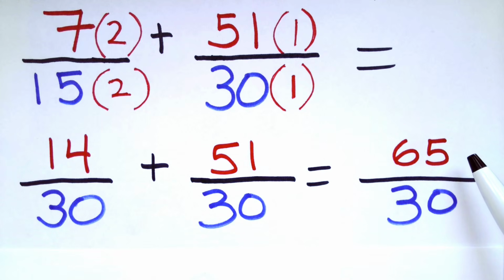So 65, every fraction is a division problem. So 65 divided by 30. Hey, if you want to give this a shot and convert this improper fraction into a mixed number on your own, go ahead and hit pause, and then come on back and hit play and check your answer, see how you did. If not, I'm moving forward in 3, 2, 1.